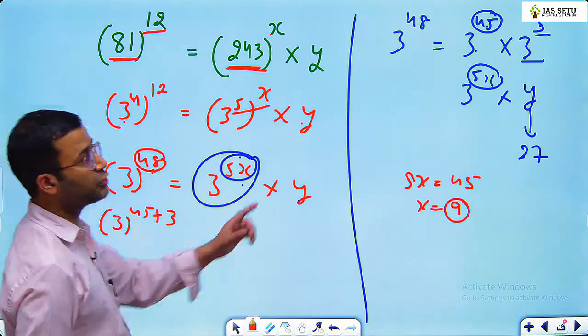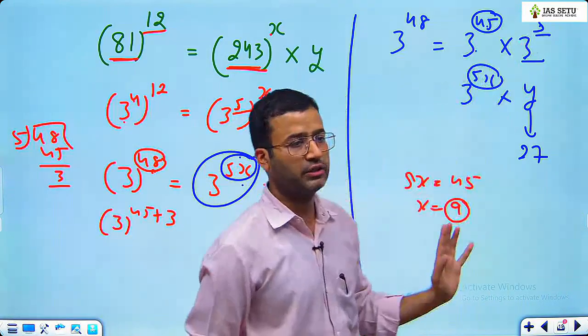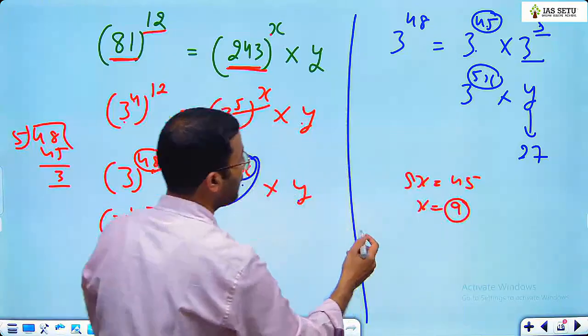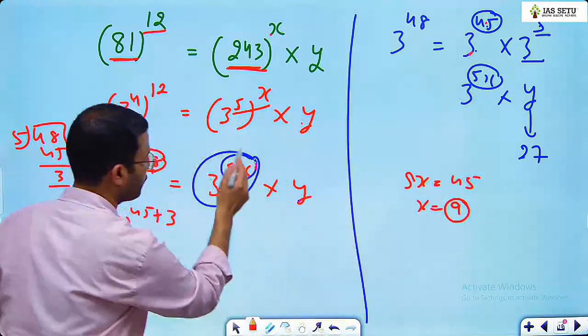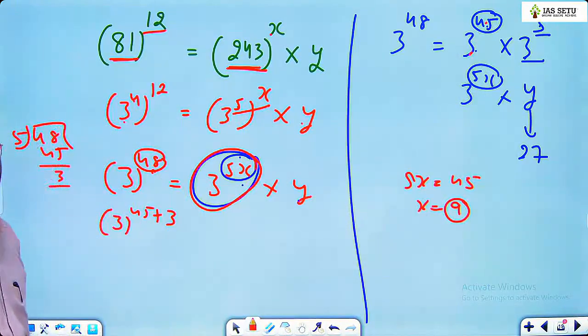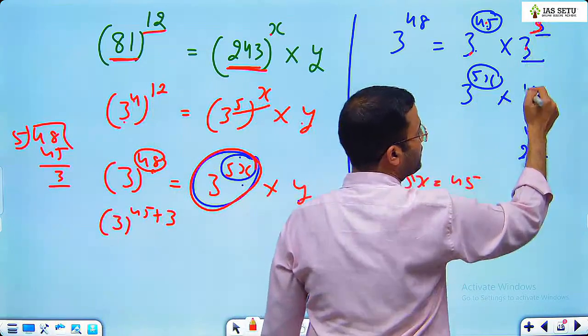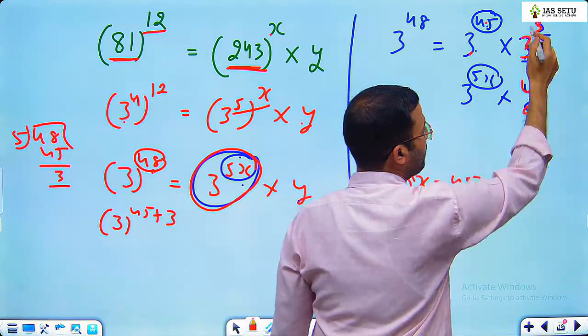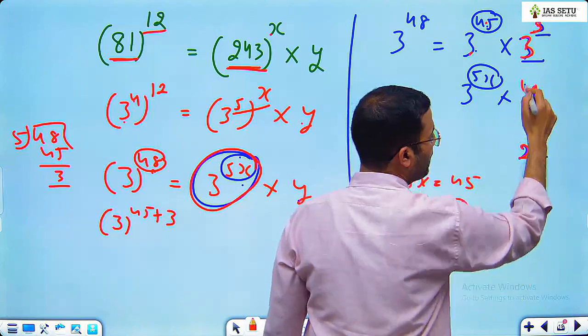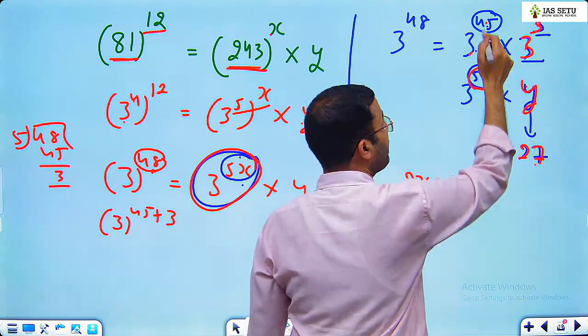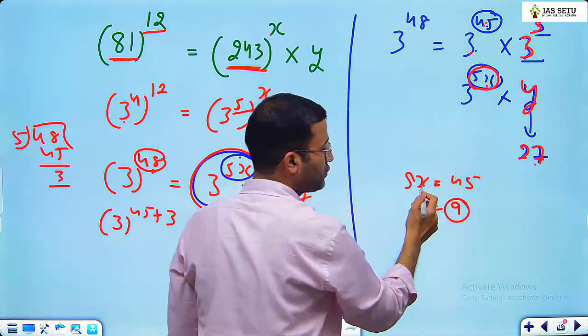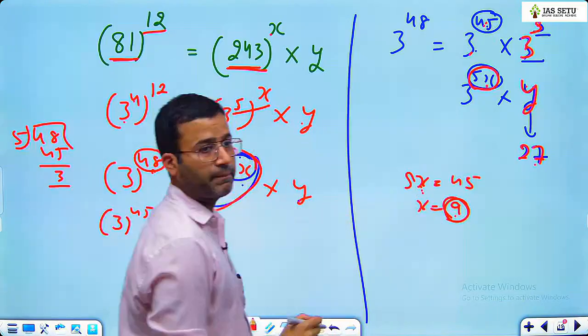So it means 3 to power 45 into 3 to power 3. So then you can correlate this 3 to power 45 is for 3 to power 5x. No other possibility. And this 27 or 3 to power 3 is for y. And what is 3 to power 3? 27. So we get y is 27. This 5x is 45. We can solve for x. x will come 9.